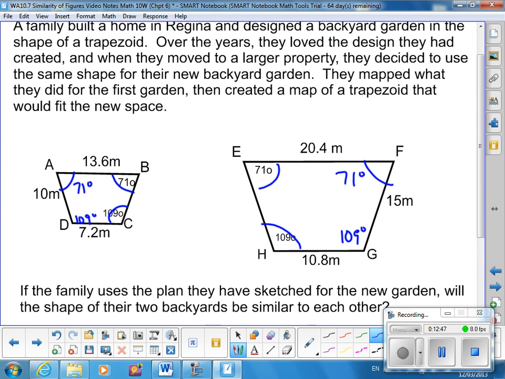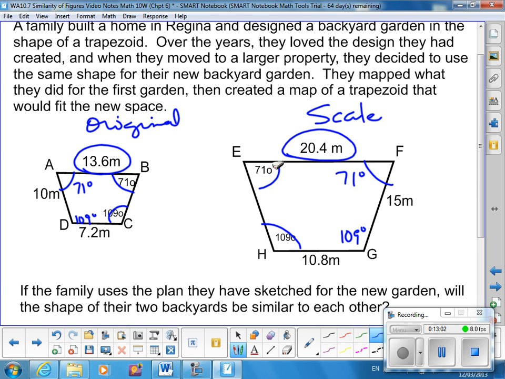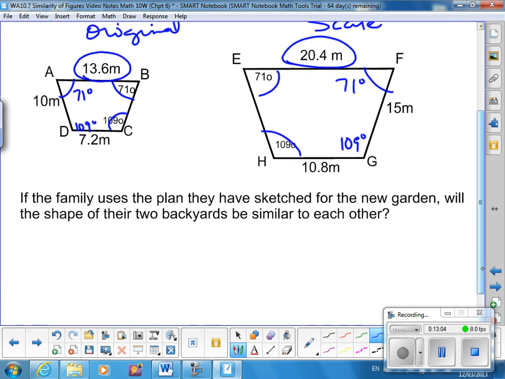So side AB corresponds to side EF. Now this is the scale because it's the new one, and this is the original. So it's always a good idea to label your diagrams so that you know which ones you're comparing. So I am comparing EH to AD, and it's 15 to 10.